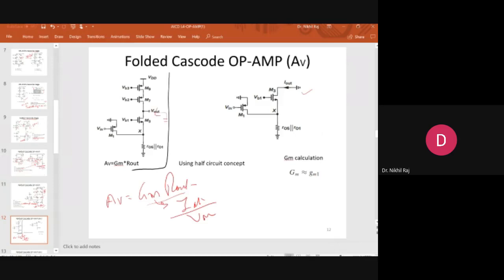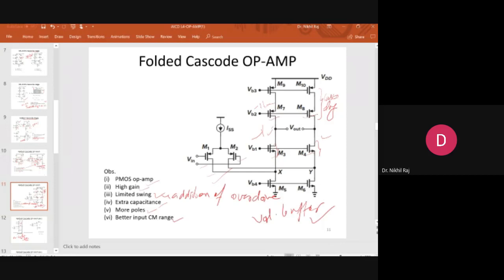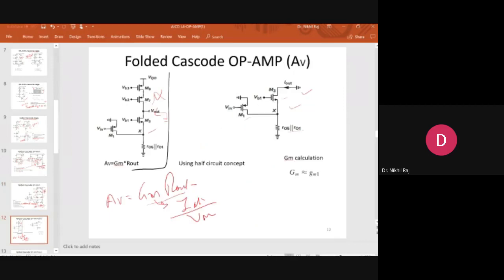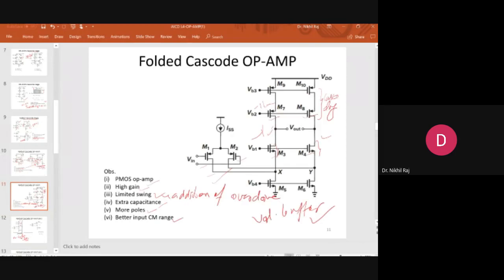So this is ground, this is ground, the overall this will go off, and here we will be left with this one. So M3 is there, M1, and in the bottom these two are biased with VB1 and VB4. These two are current sources, so we can replace them by RO5 parallel RO1, the effective resistance of this one and this one at this node.